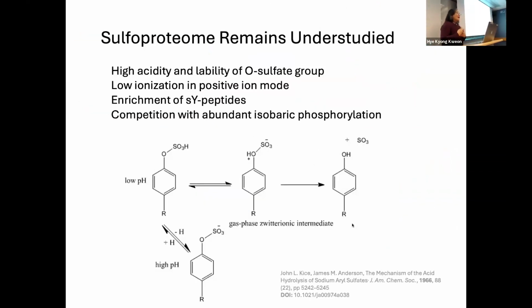So why are sulfoproteins heavily underexplored? The reason is that sulfation is by nature very labile.